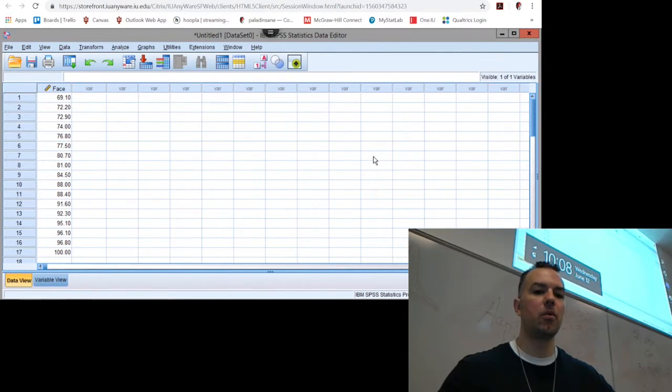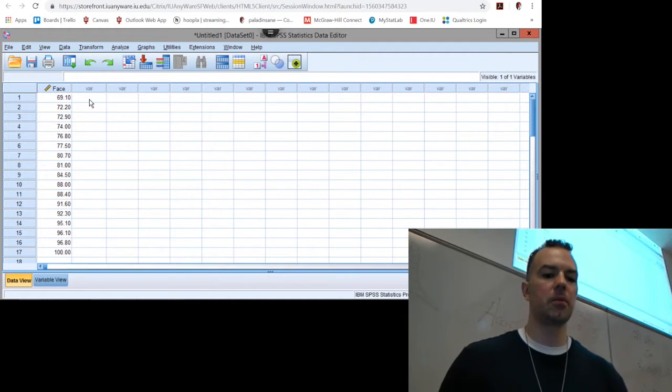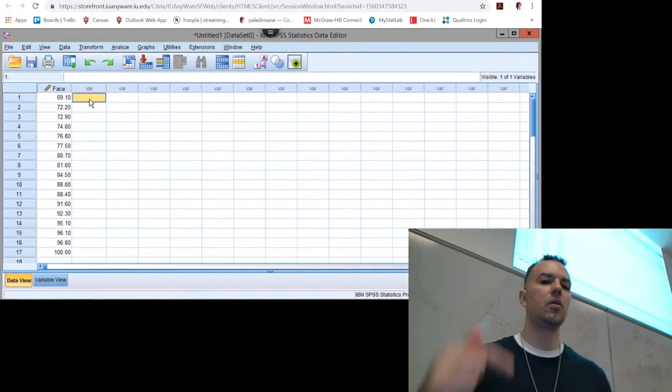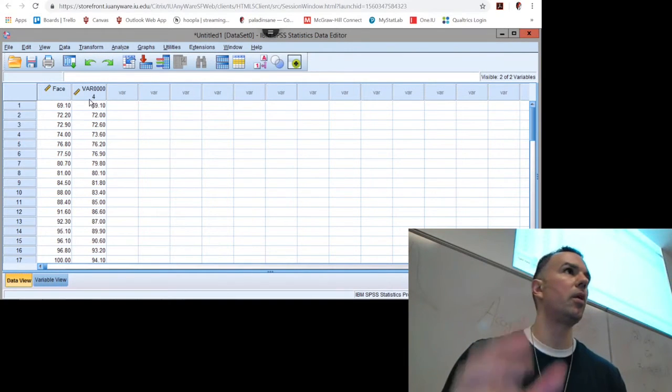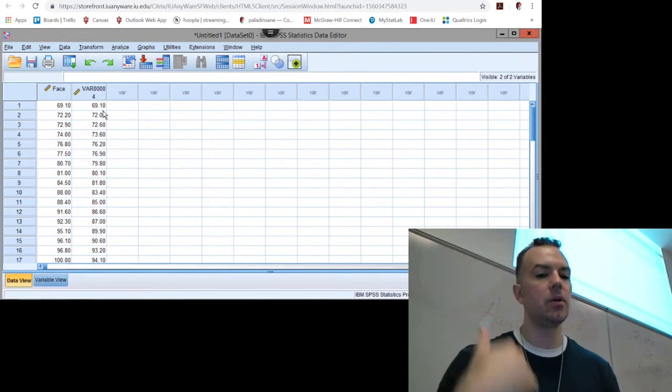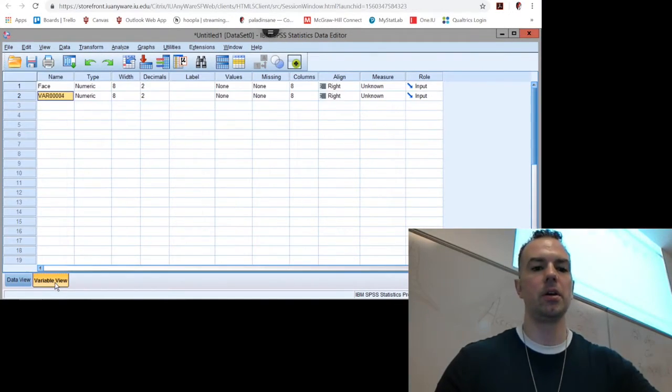So subject number 1 only gets row number 1. That's the only row that subject number 1 has access to. So subject number 1's name score also has to go in row number 1. So we go to column number 2 and paste those scores directly beside their original scores. We go to the variable view, and let's call this name so that we don't get confused.